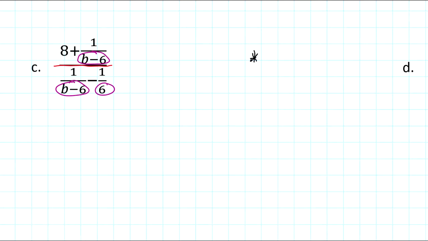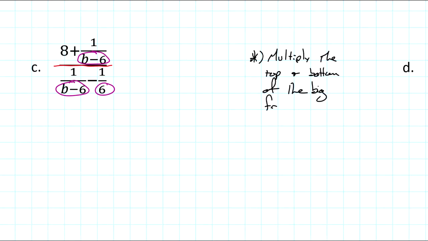So we're going to say multiply the top and bottom of the big fraction by the common denominator of the little fractions.